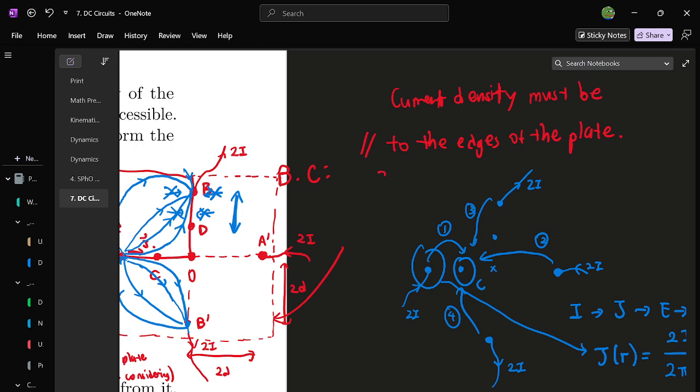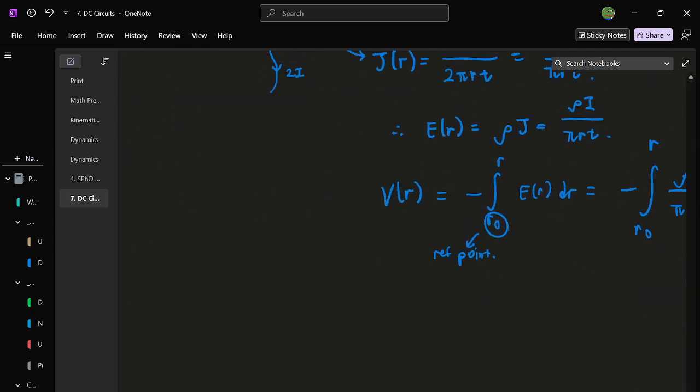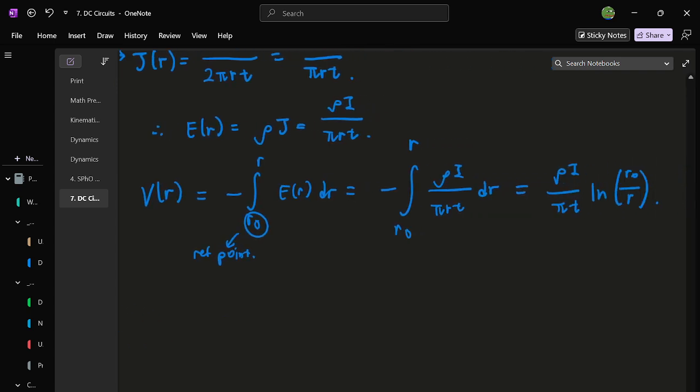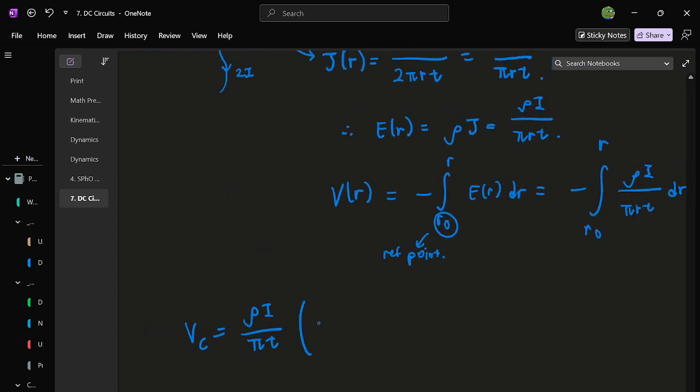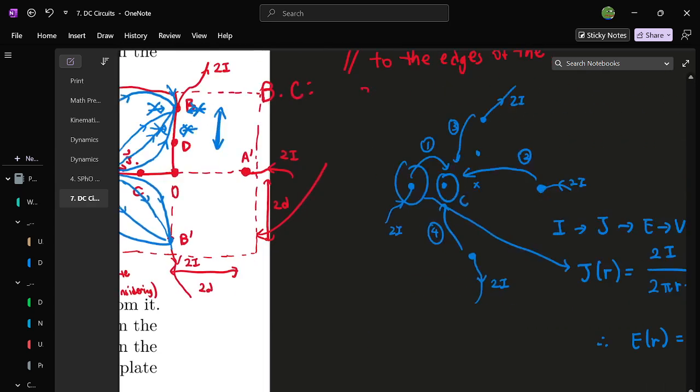So all these 4 contribute some potential to C. And hence the potential at C is just rho I over pi t times, you add up all your ln something terms. Your first one will be, okay, this one is from A.